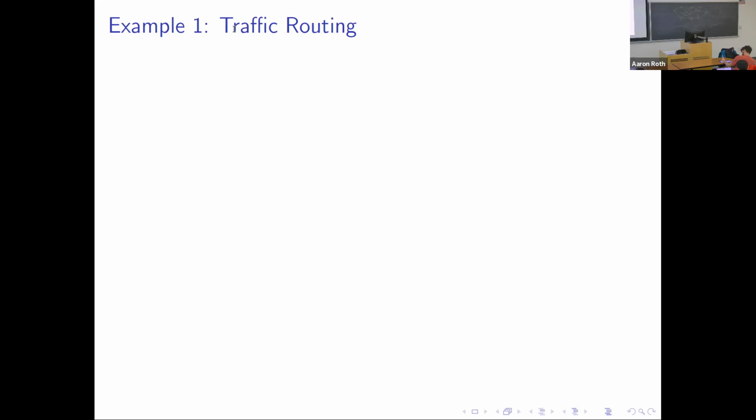And similarly, all the other n players might have a starting location and an ending location, and the action space for a player might be the set of paths in the graph going from S to T, which note might be really big. The number of paths in the graph going from S to T could be exponential in the number of edges or the number of vertices in the graph.